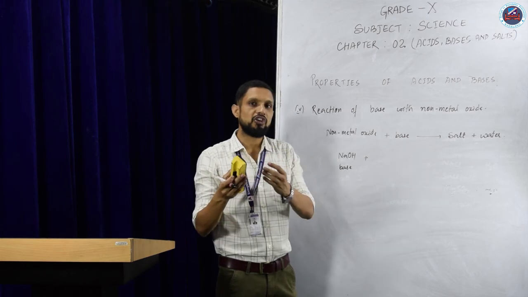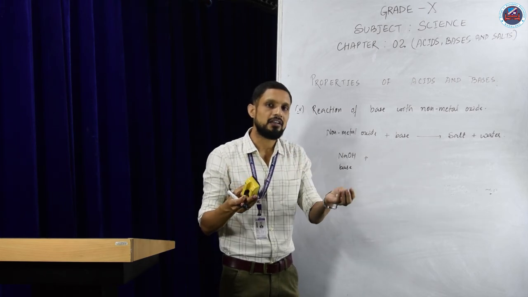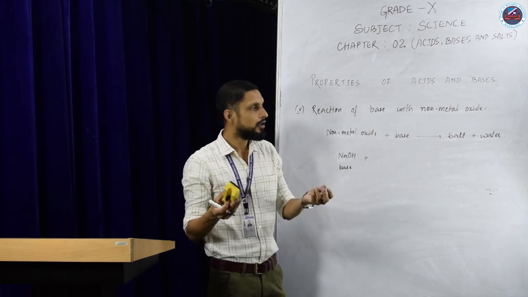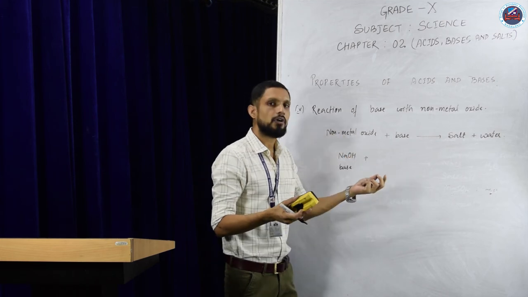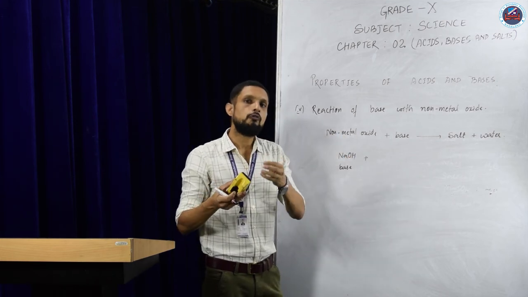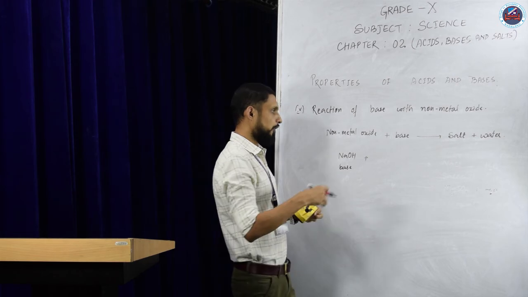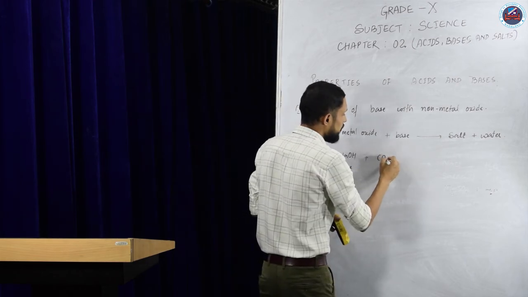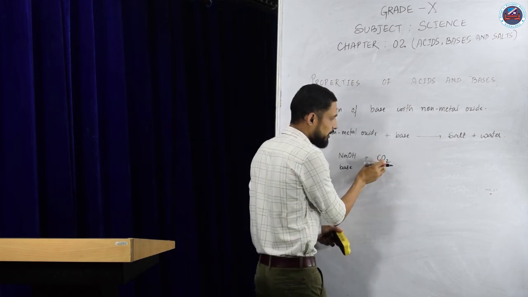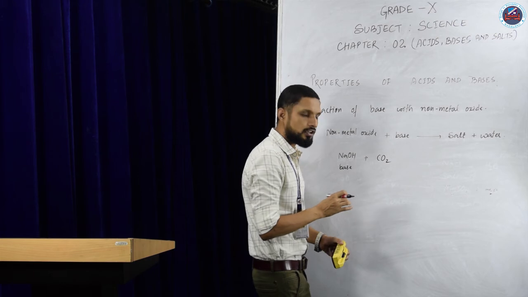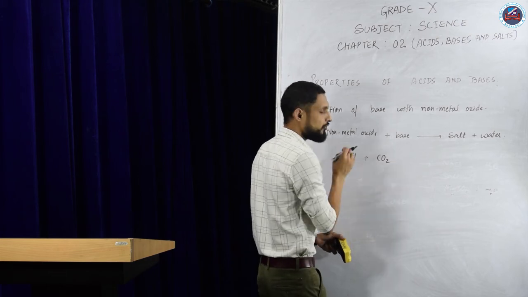Like metal oxide is a compound formed by metal and oxygen, similarly, non-metal oxide is a compound formed by non-metal with oxygen. For example, carbon dioxide. Carbon is a non-metal, forms compounds with oxygen, so this is non-metal oxide.